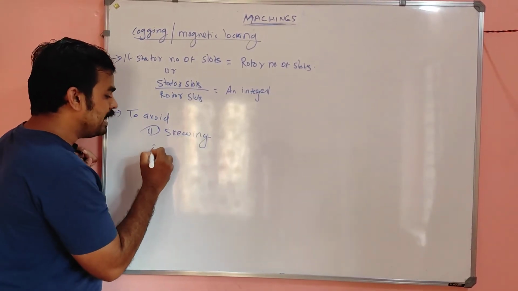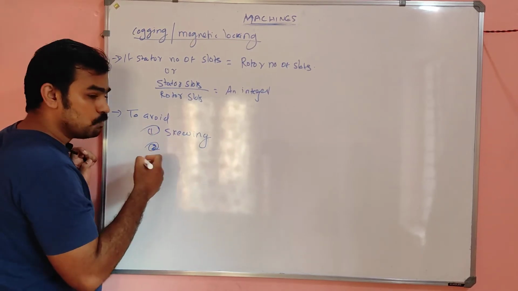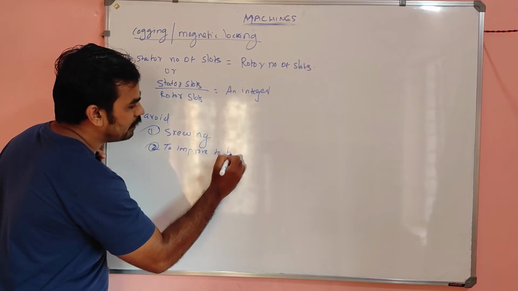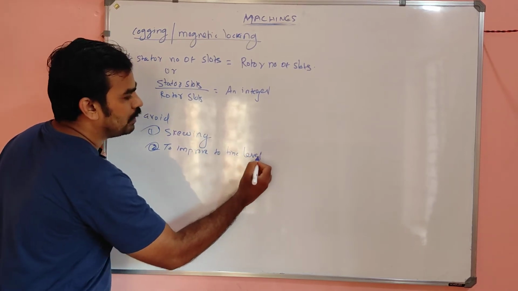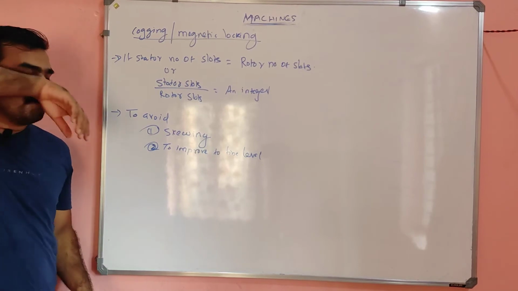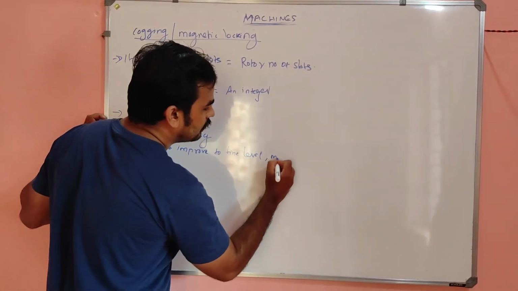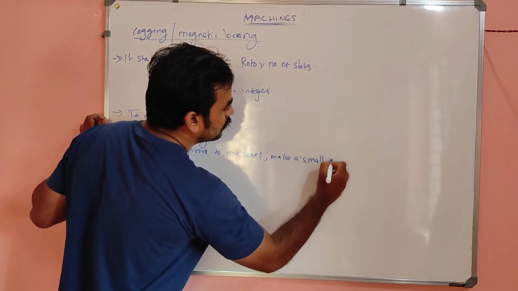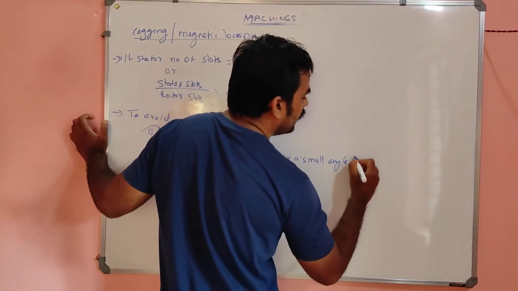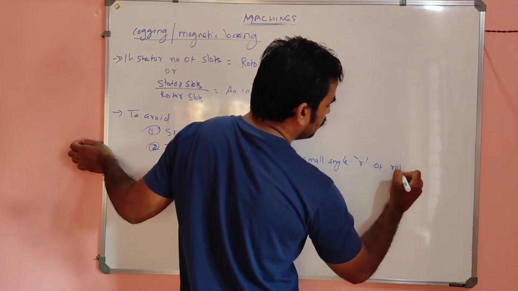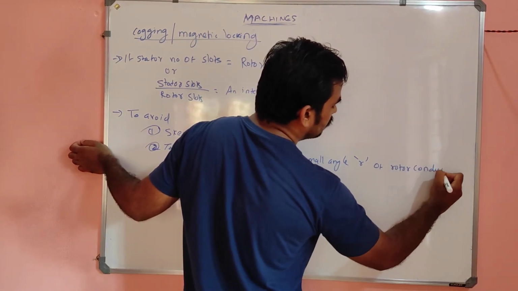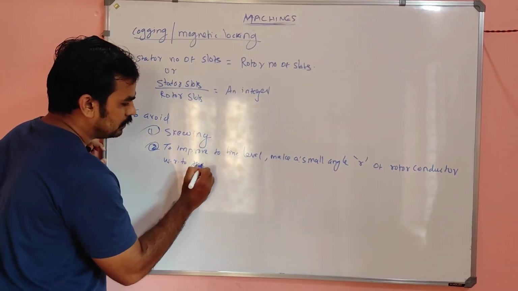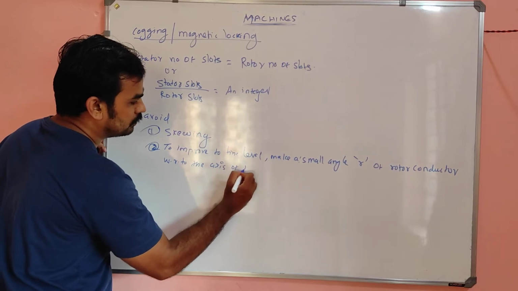And to make advanced-level skewing, to improve it to a fine level, what we do is make a small angle, let it be alpha, of the rotor conductor with respect to the axis of the rotor.